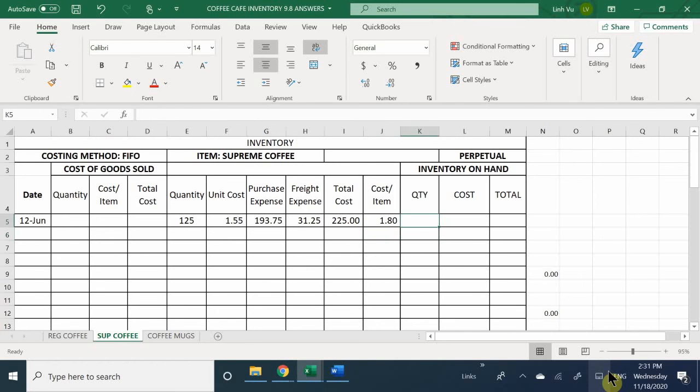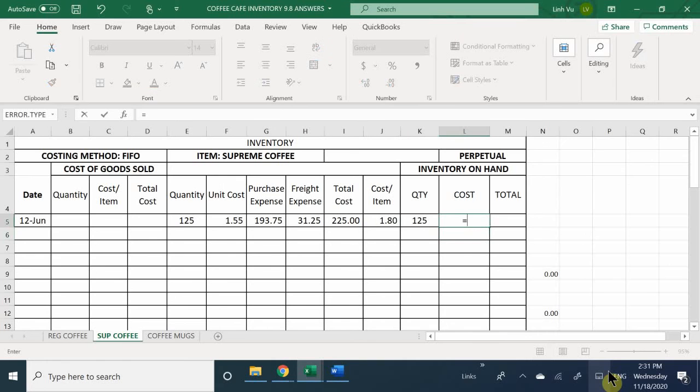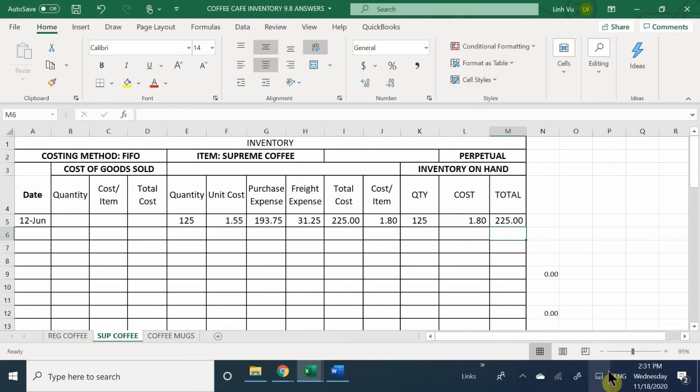In this one, it's okay to copy our quantity, which is 125, and we're going to copy our cost per item. And then for this one, we multiply our quantity by our cost to get our total amount of inventory.